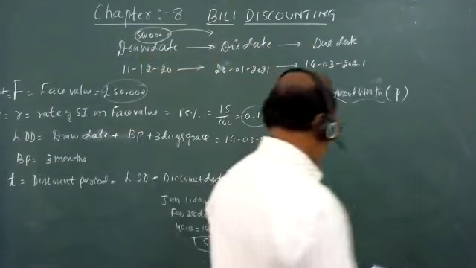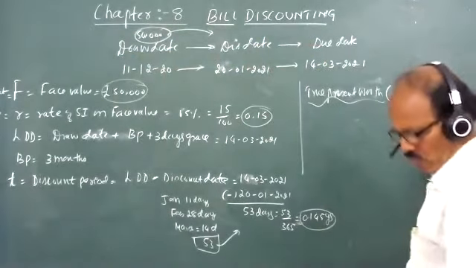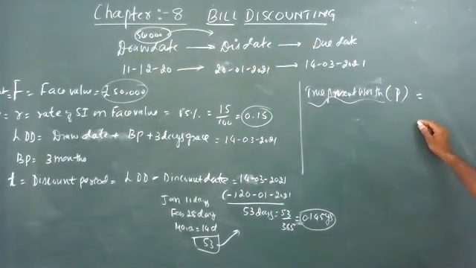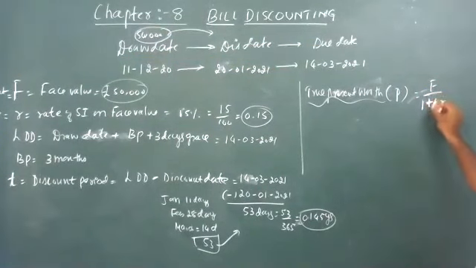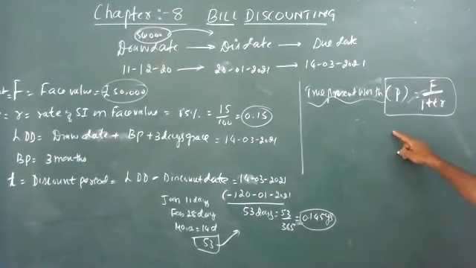For the present value, we have a formula: F divided by 1 plus a r. This formula I have to use. You have to use the formula here for the amount invested today, to find what the amount becomes at the due date. Calculate like this.